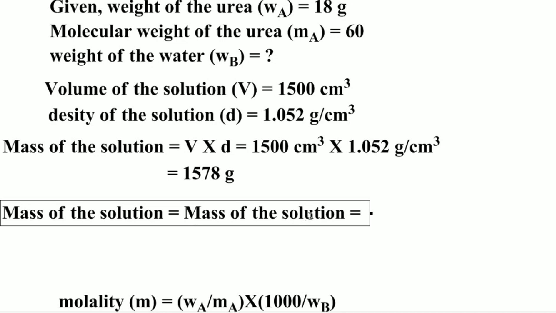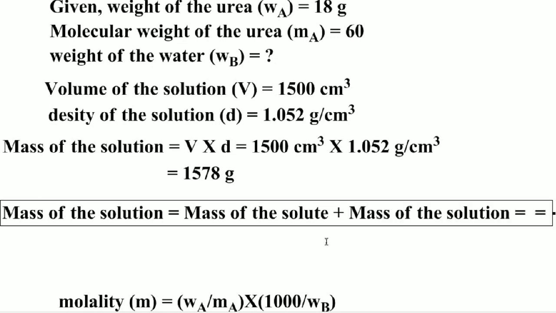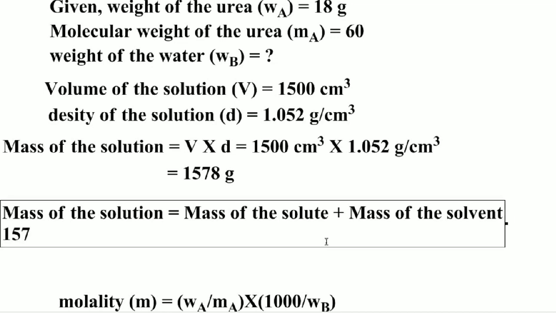We found the mass of the solution as 1578 grams, and the given mass of the solute, urea, is 18 grams, plus the mass of the solvent. Here the solvent is water, and the mass of the solvent, water, is nothing but our WB.